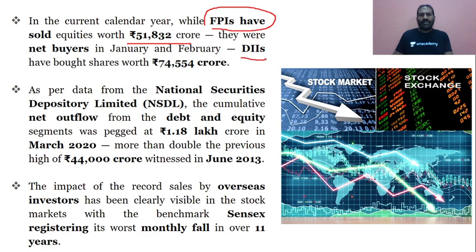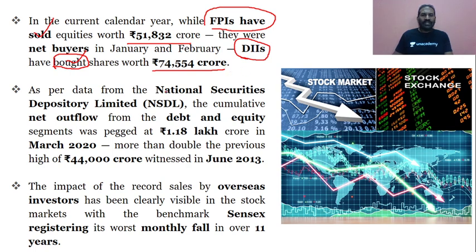But you have something contrary to the FPIs, that is the domestic institutional investors, which have bought shares worth 74,554 crores. So there is definitely something contrary happening to the FPIs.